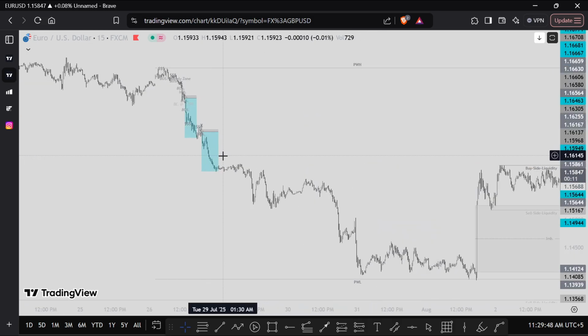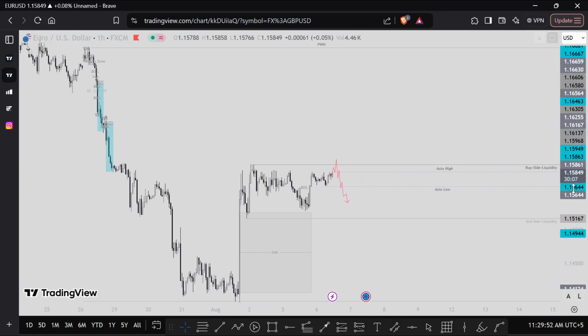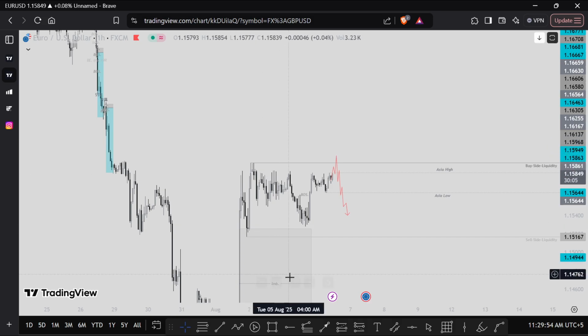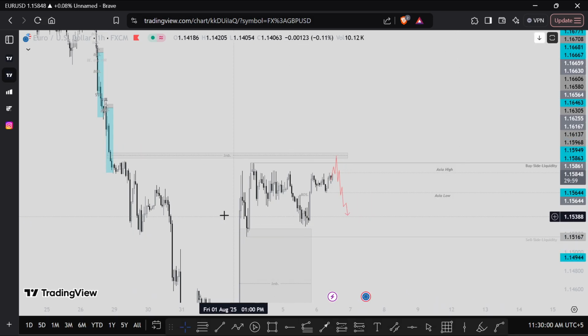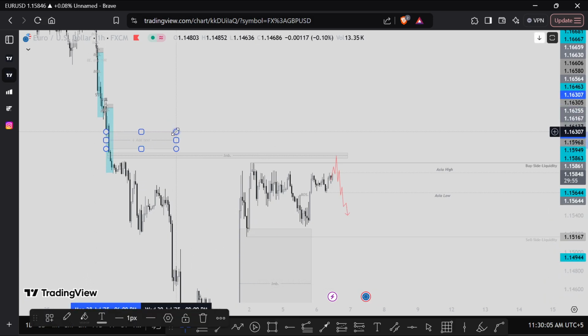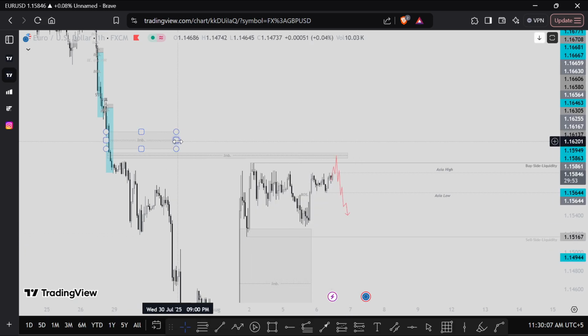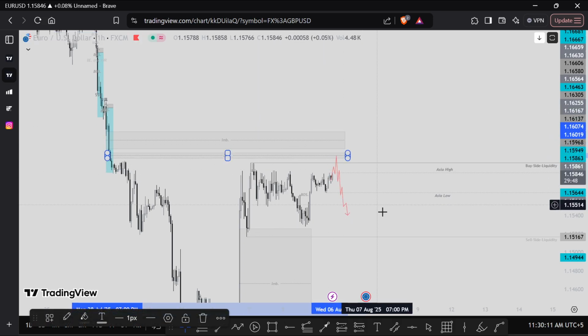There are no particular imbalances, I think, there. Let me just check. So yeah, there are some imbalances. For example, we have this unfilled imbalance over here on H1 EU. We have another H1 imbalance above it on EU. So the sideways range may get swept, the imbalances may get filled, and the market will reverse. So that could be the potential reversal points.